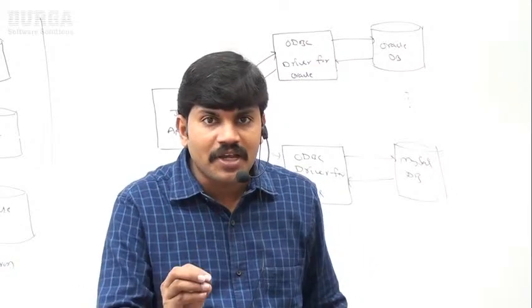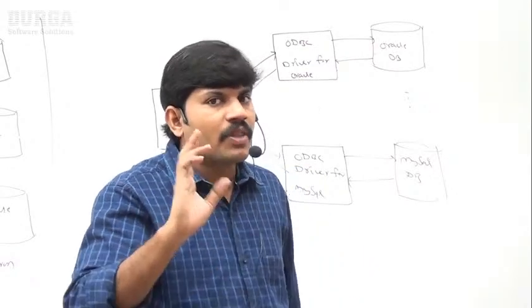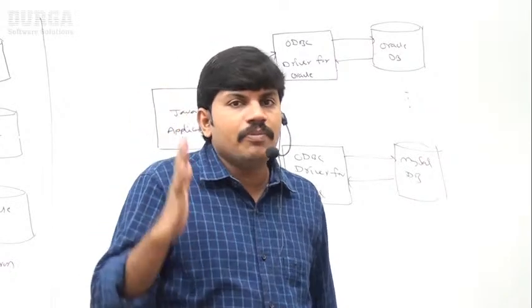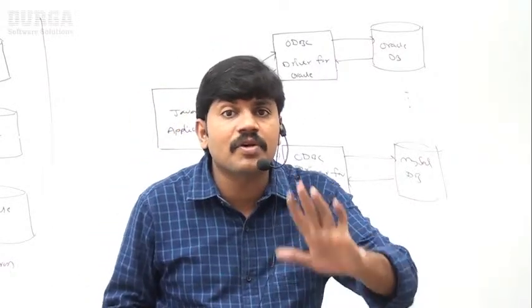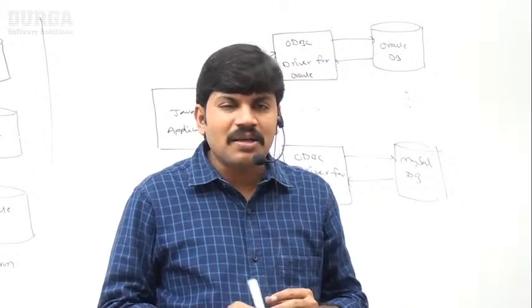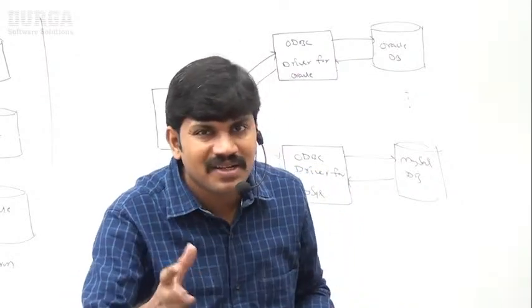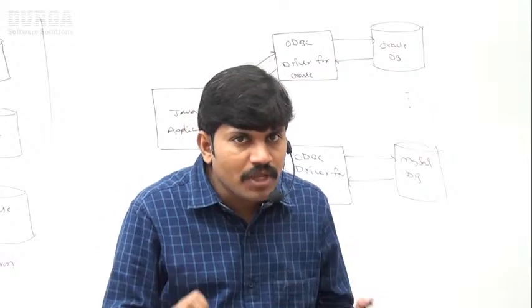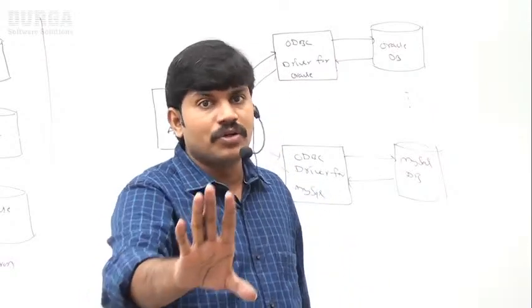So the biggest problem with ODBC is that it can work only on Windows machines. Some people tried for Linux, but they didn't succeed. As of now, ODBC is applicable only for Windows machines.